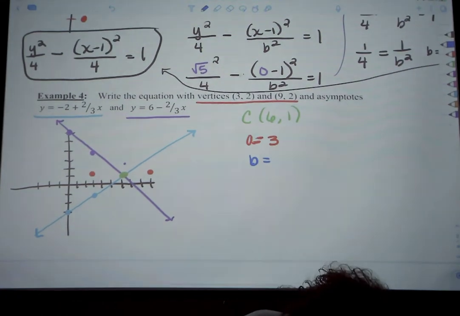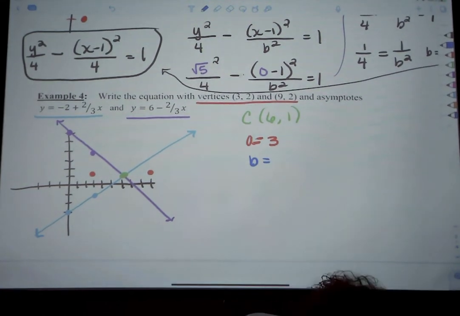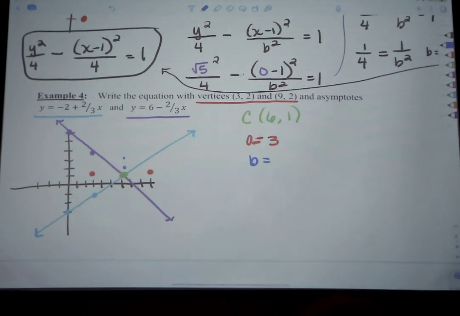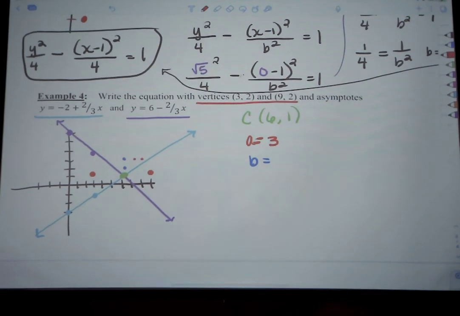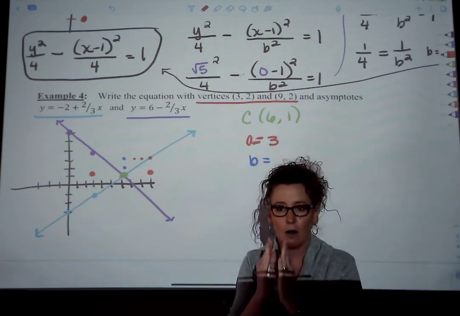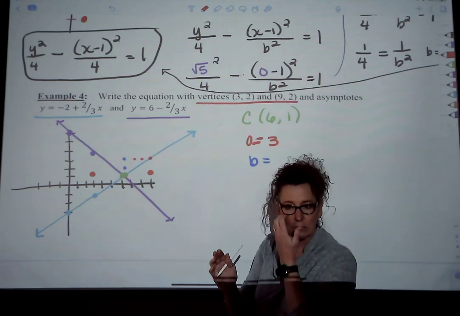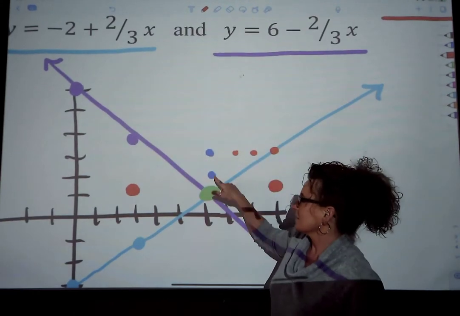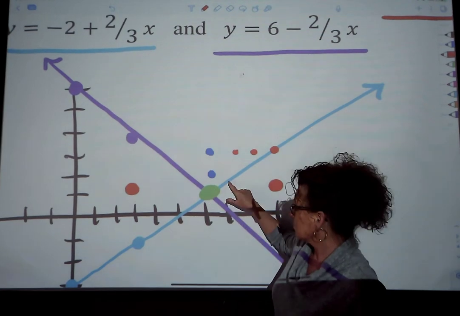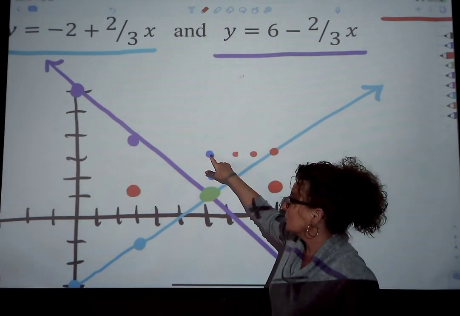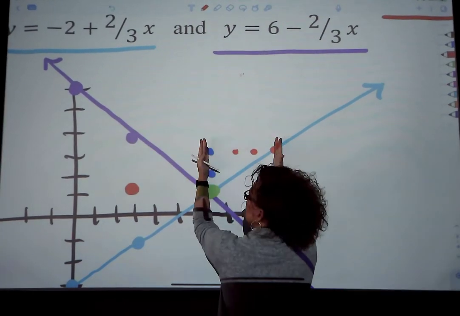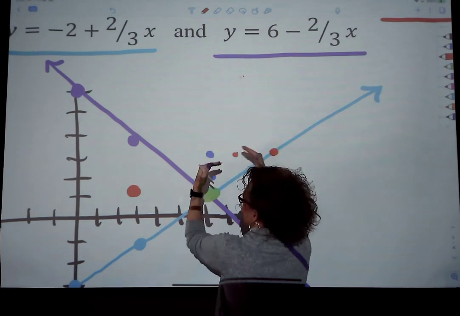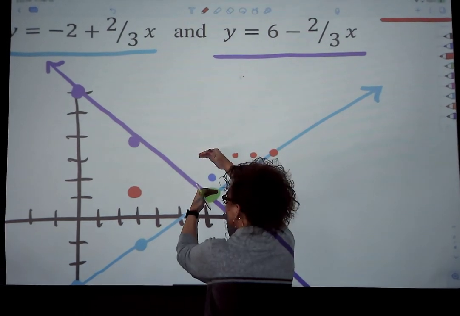I'm going to go up 1, 2, and I'm going to go over 3. 1, 2, 3. I don't know if you can see the colors. Slope of the bluish line, I went up 2 over 3. This is my A distance. This is my B distance.